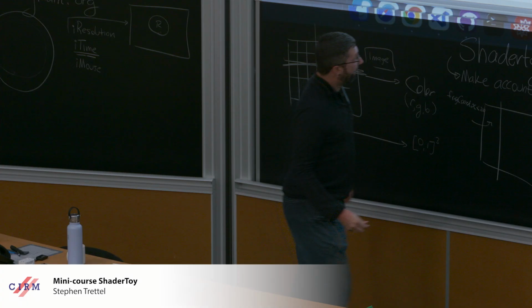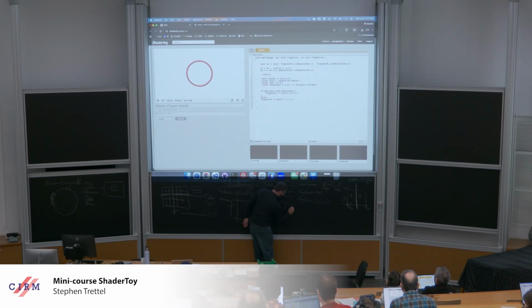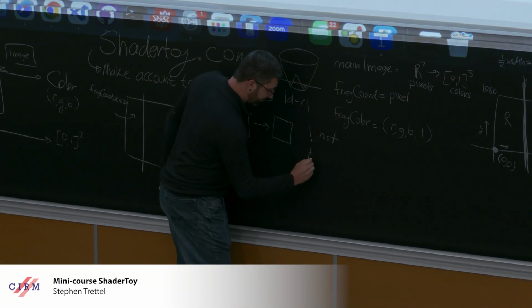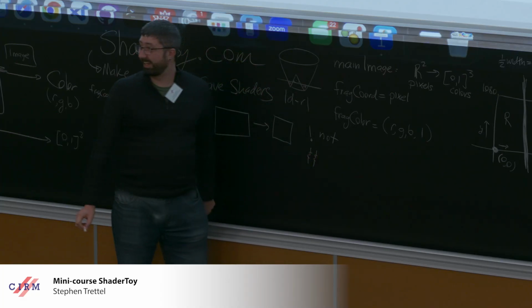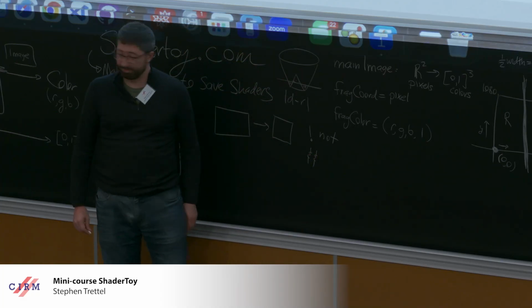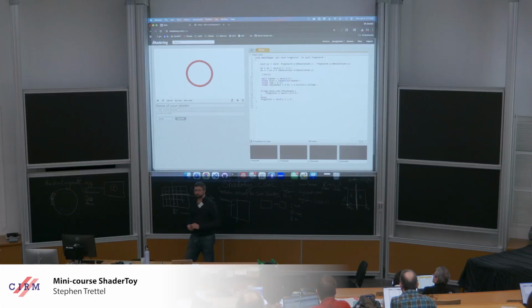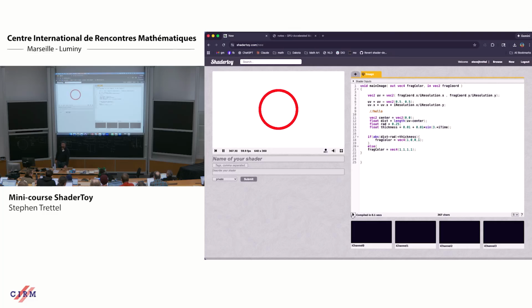So exclamation point is not. The ampersand, which I can't draw, and the ampersand again is and, then the pipes is or. So you can write logical operations in your functions too. If you want to check if you are greater than 0.25 or you satisfy some other condition, you could put that in.